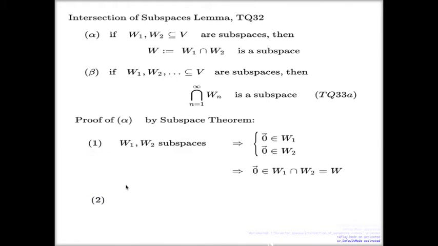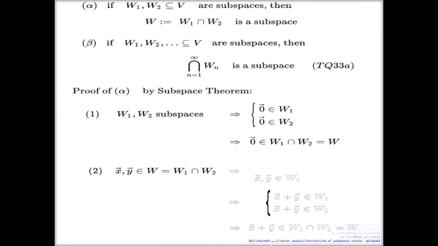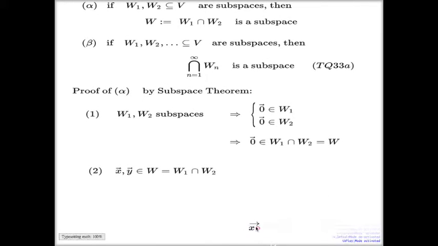Part 2 follows almost the same steps. We take two vectors from W. Our objective is to see that if you take a sum of these two, it will also be in W. That's our objective, and here are my steps which lead to that objective.